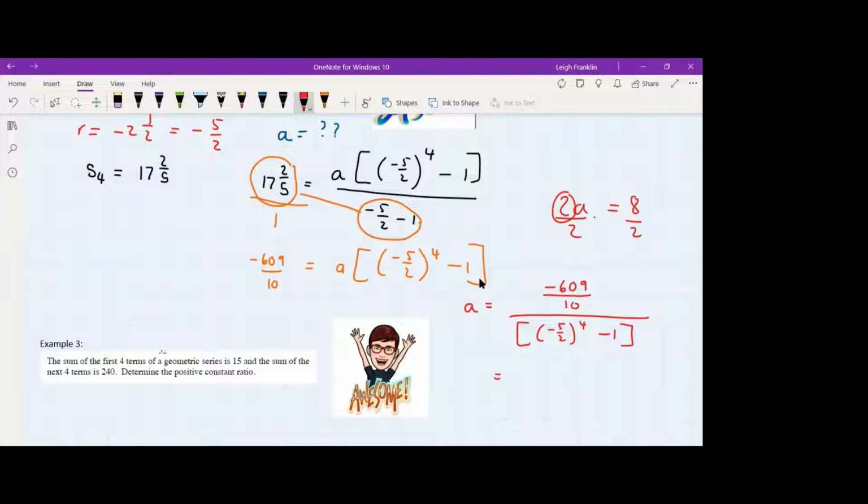There we go, Lesedi. I get exactly the same answer as you. So I've ended up with negative 8/5. How are the rest of you doing, Matrix? Is that making sense? Are you getting the same thing?